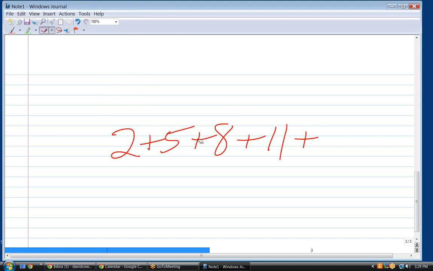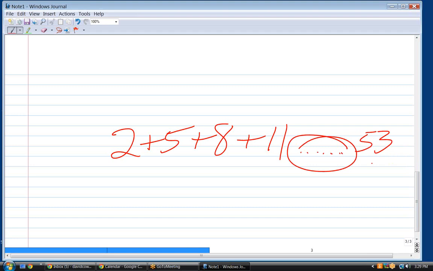No, it's an ellipsis, and then it says 53. So after 11, there's an ellipsis. Is that what you mean by an ellipsis? Yeah, dot, dot, dot.